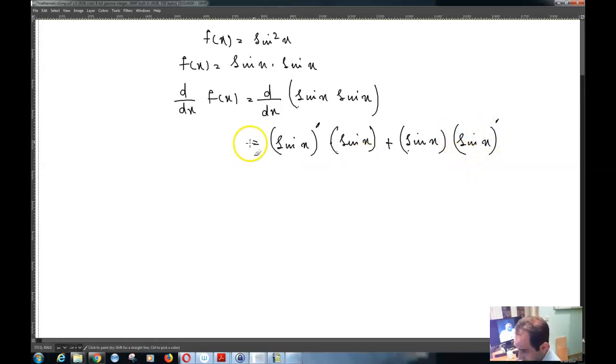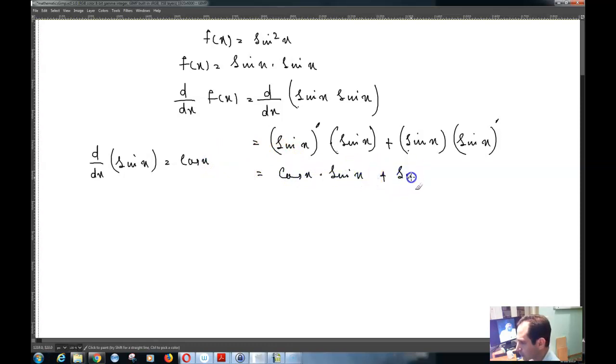Now you know that d by dx of sine x is equal to cos x. So this becomes cos x times sine x plus sine x times cos x. So that's the same thing as 2 times sine x cos x.